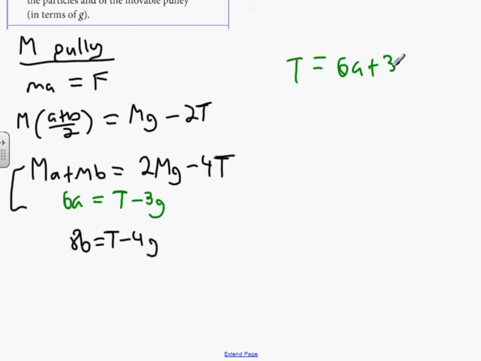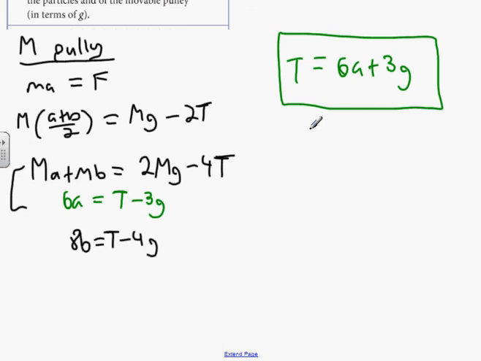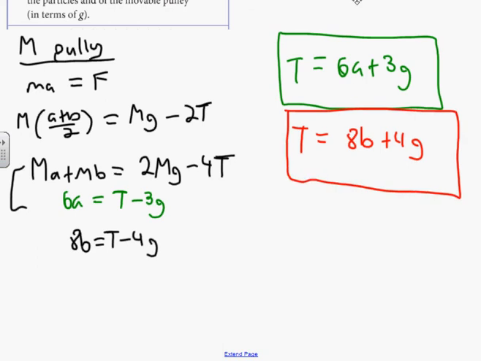Everybody happy with that? And then in the other one, T is going to be equal to 8B plus 4g. We're going to combine each one individually with this one here, so we're going to have two unique equations, okay?